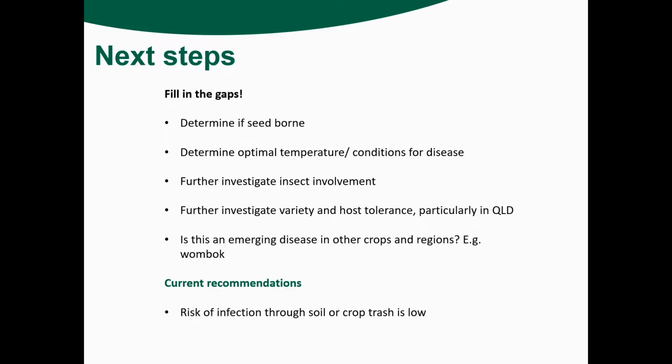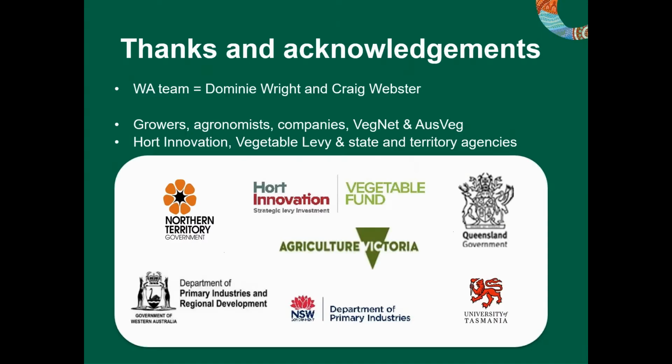Basically, Pectobacterium is a pretty wide genus, and a lot of the pathogens within it do have wide host ranges. So that's certainly something important to check out. Recommendations at the moment, all we can really figure out is that risk of infection through soil and crop trash is pretty low, but definitely looking into all this other stuff would help with recommendations a lot more.